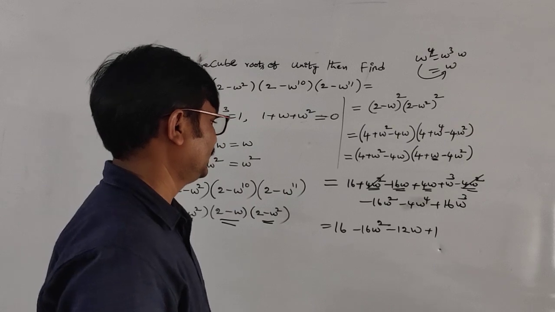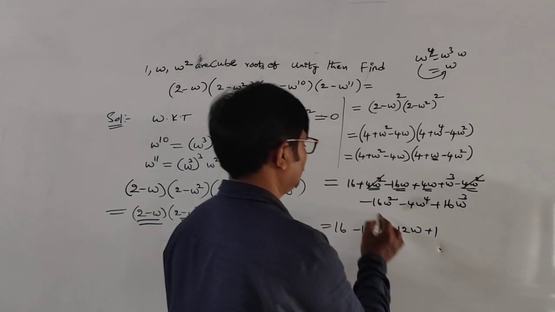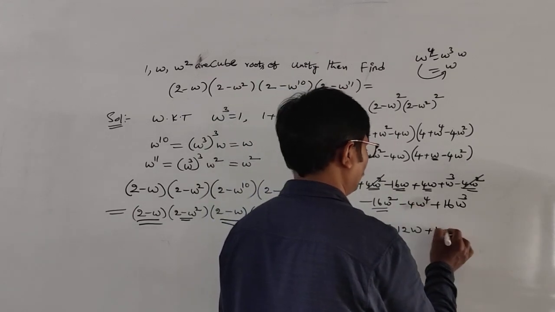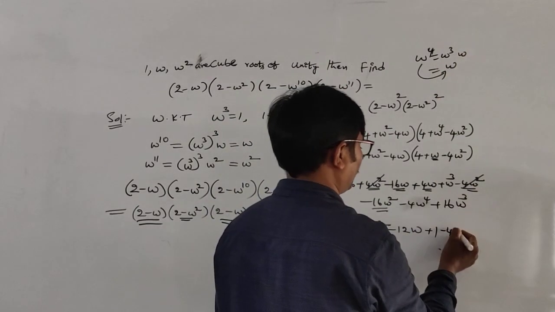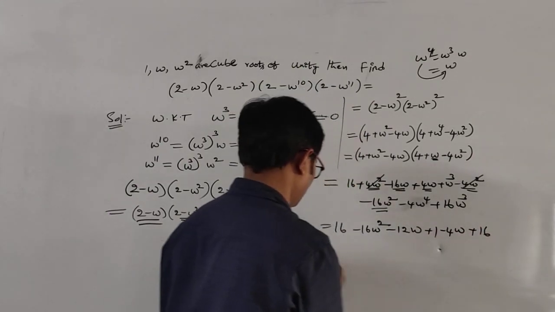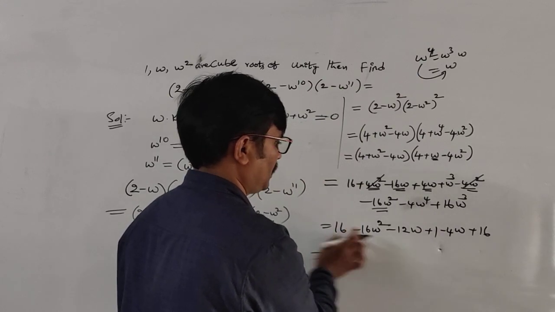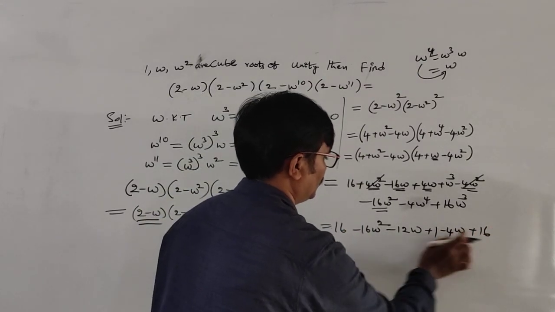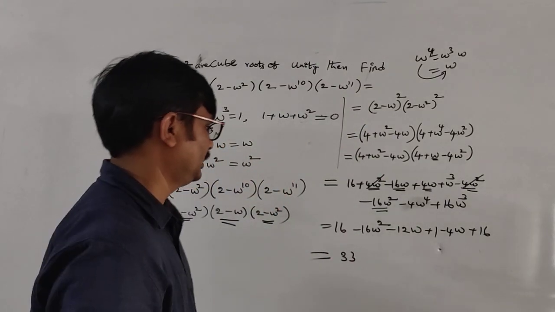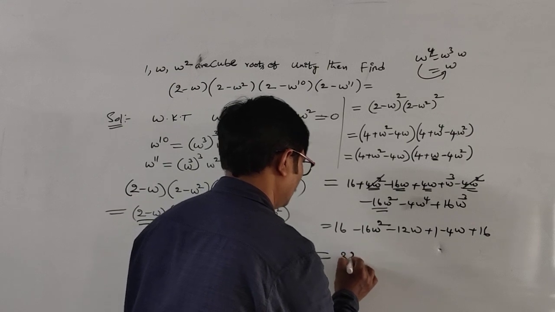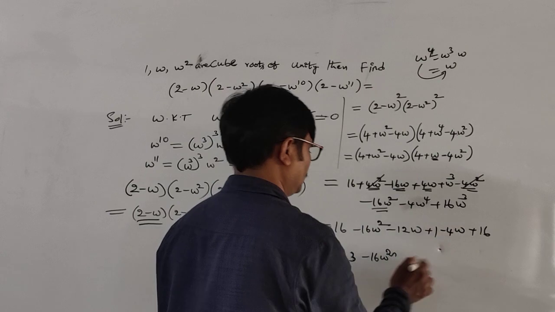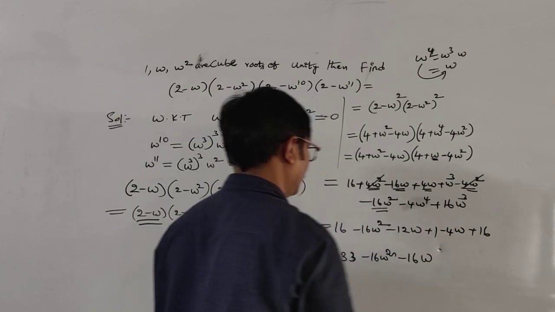So dear students, after that this is minus 16 omega square. Now students, this is minus 4 omega power 4 is omega. So this is 16. Now 16 plus 16 is 32, 32 plus 1 is 33. So students, this is minus of 16 omega square is there. Here this is minus 16 omega.